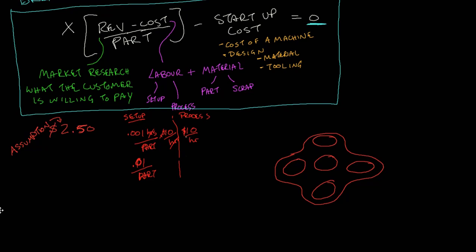So $10 per hour times, they can do about 100 parts per hour.